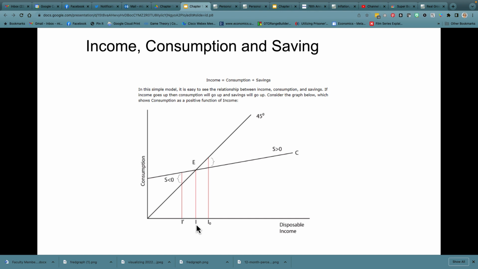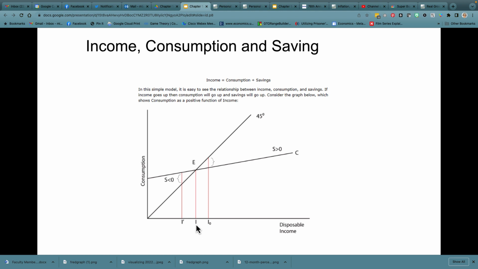All right, and this is taking a look at what we introduced at the beginning on one of the first slides, the idea of a consumption schedule. All right, so again, what we've got here is very similar to what we looked at before. We've got consumption on the vertical axis, and we have disposable income on the horizontal axis, and there's our 45-degree line. And we know that 45-degree line tells us where disposable income is equal to consumption.